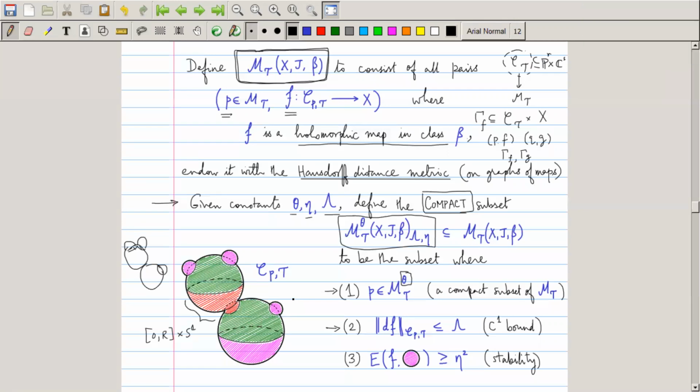Typically, when you use the expression thick-thin, it is used when you equip the curve with a canonical hyperbolic metric, and then there's this neck which becomes very long, less than the Margulis constant, etc. Is that an equivalent way of looking at this?